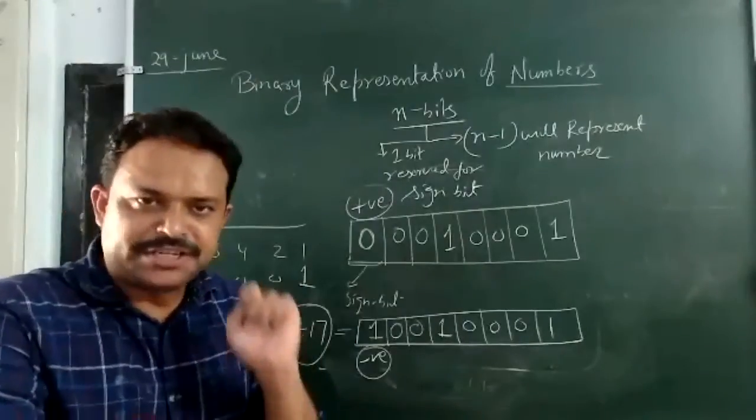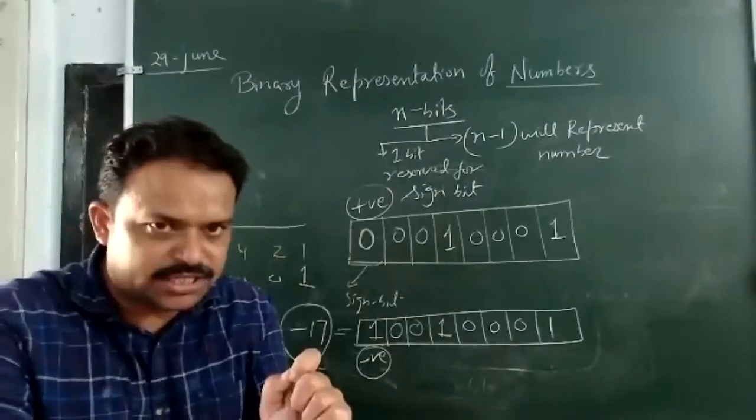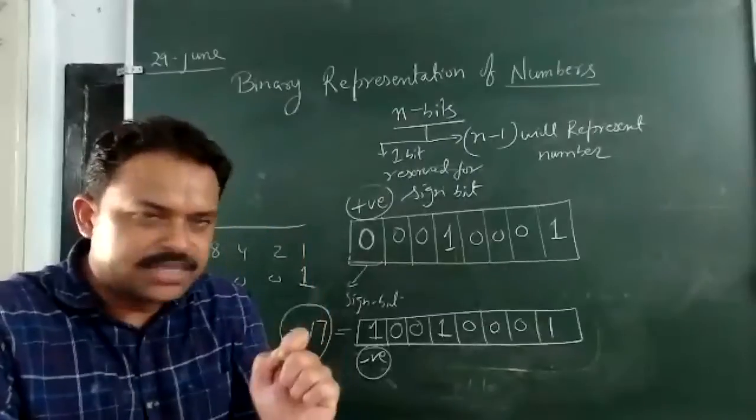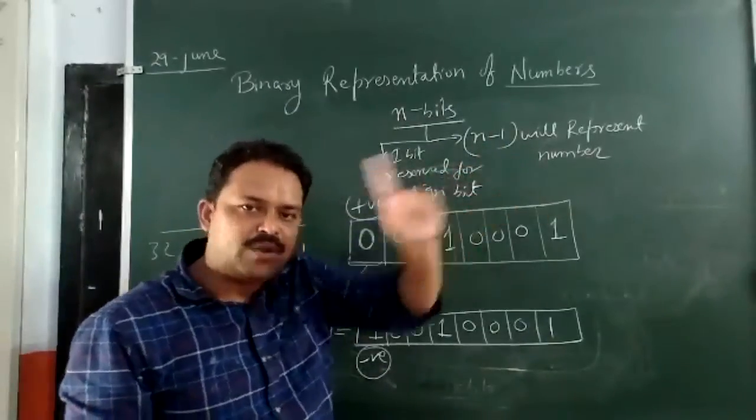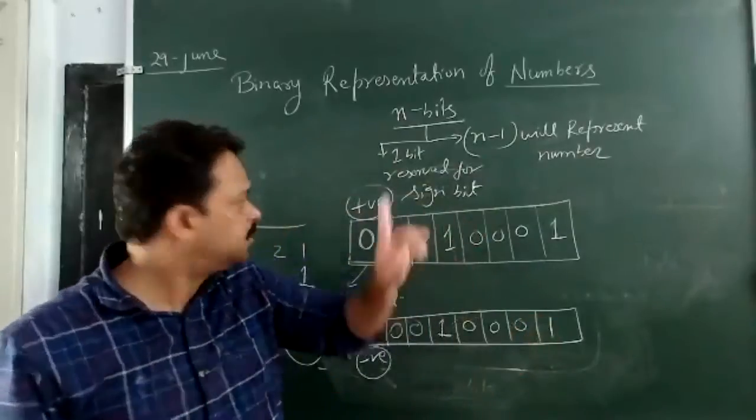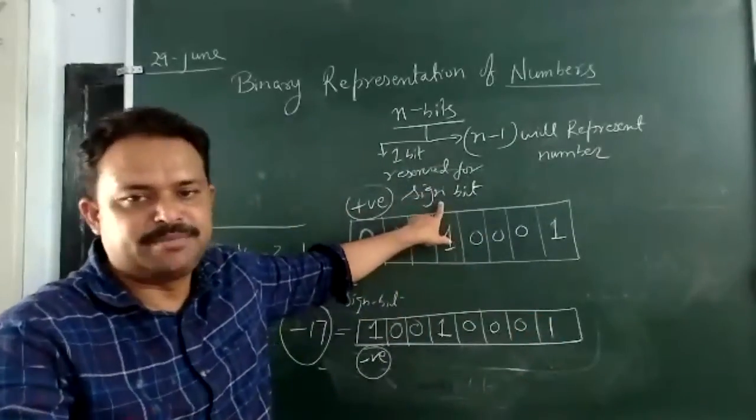Sign magnitude representation says that if you are using n bits, out of n bits, n minus 1 will represent the value and 1 bit you take out for the sign bit.